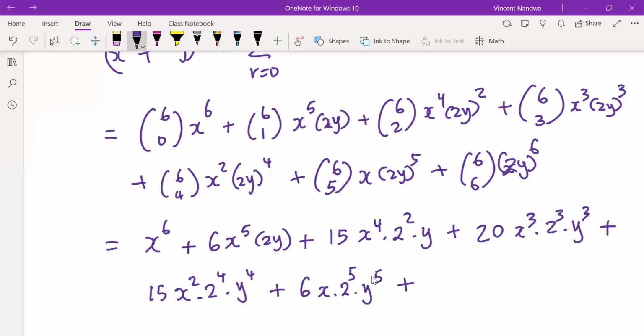And lastly, 6 combination 6 is 1, 2 power 6 times y power 6.